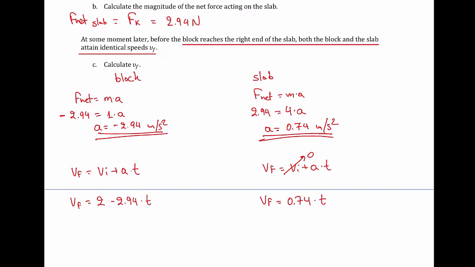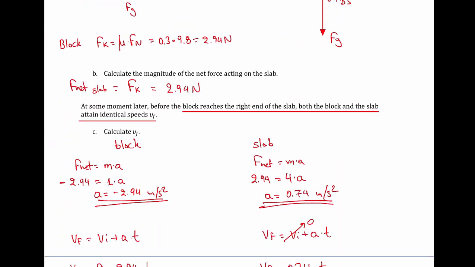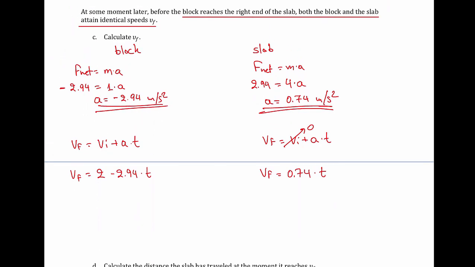And now let me explain how I realized that I made a mistake before. Had I had 0 minus 2.94t and the two speeds were identical, I would say that 2.94t is equal to 0.74t, which is not possible. So I realized that this is a mistake, and we remember that the initial speed of the block was 2 meters per second. Now we know that these two speeds are identical, so this part is equal to that part.